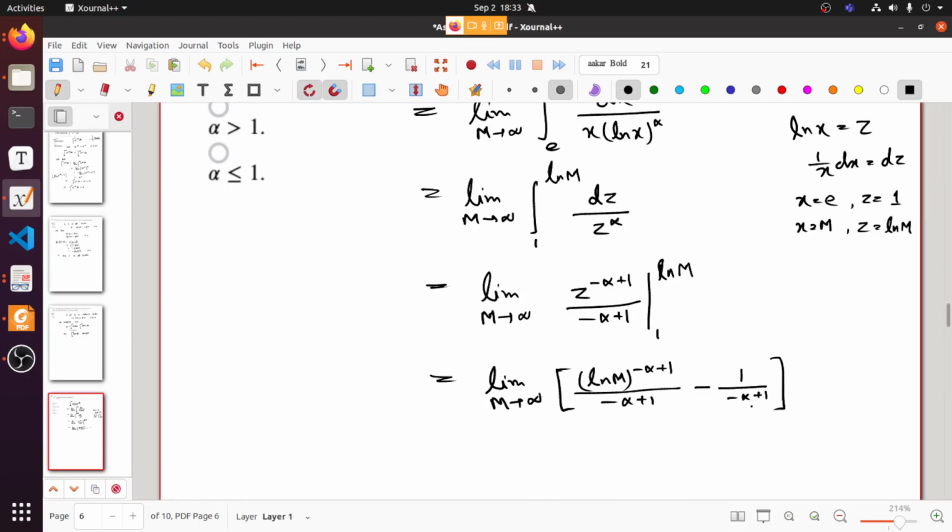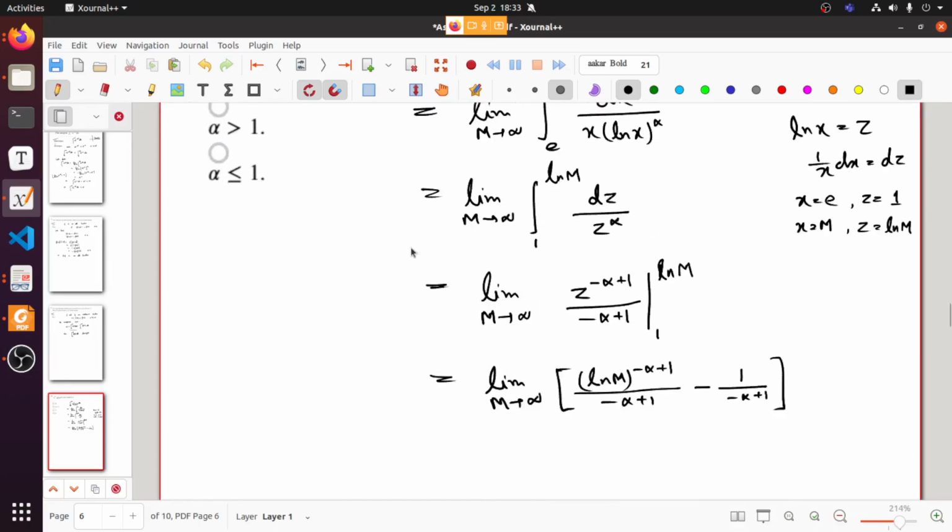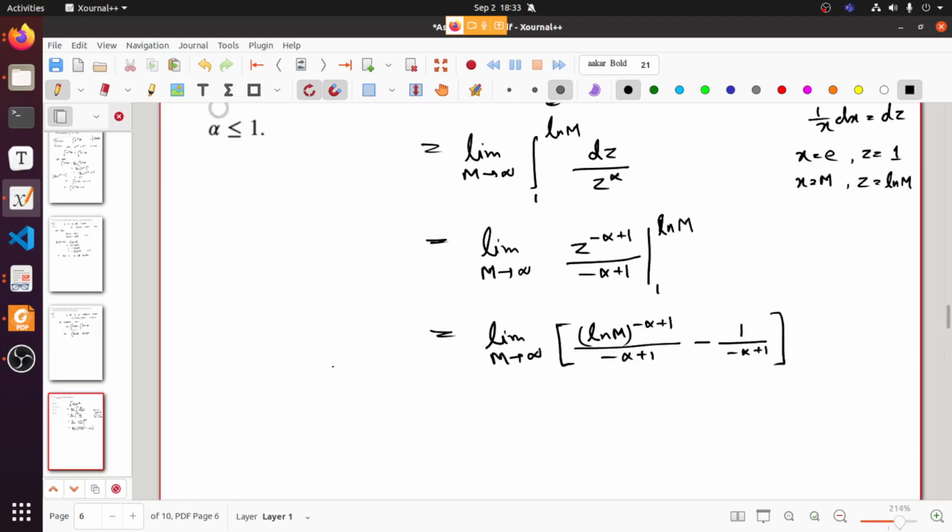Now you have to check what happens as m tends to infinity, but you need this integral to exist finitely, right? You know that ln is increasing. So as m tends to infinity, ln m tends to infinity, right?